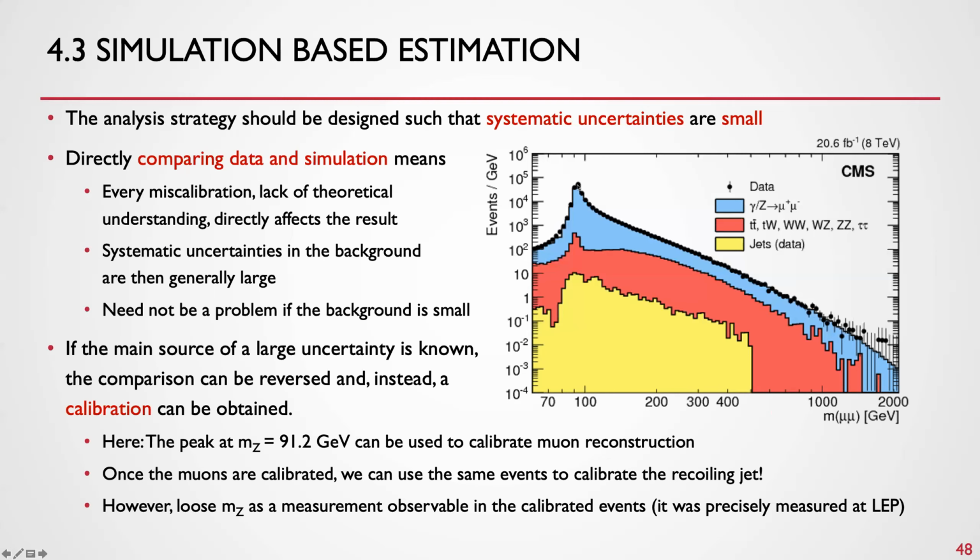So it's not an achievement that for these two bins here, data and simulation agree so perfectly. This is by construction. We adjusted the muon reconstruction such that this comes out, reducing the uncertainty from the alignment of the muon system, for example.